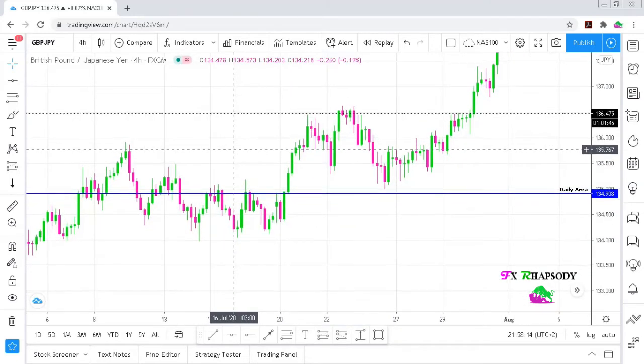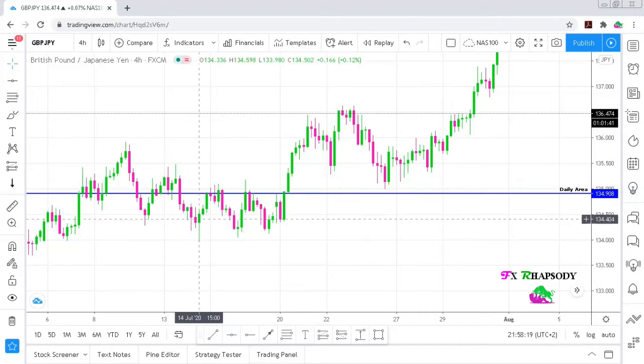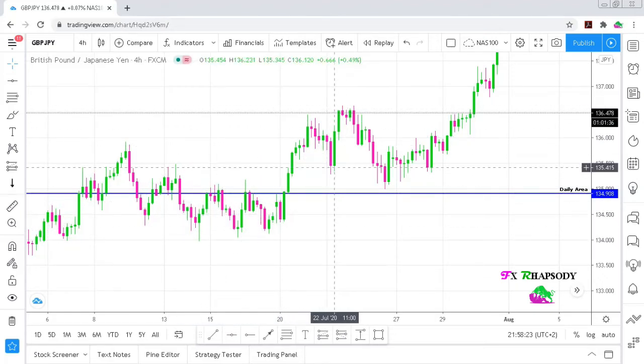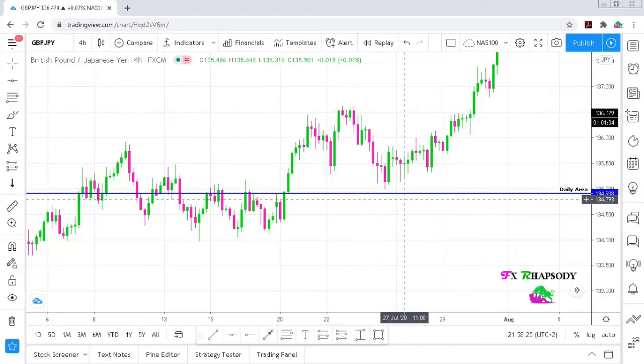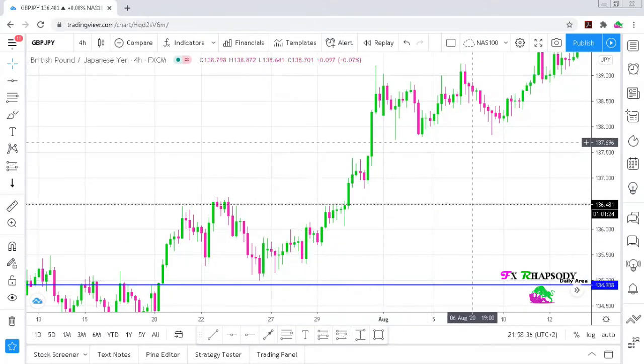So you can see this was almost like a resistance area. Price broke through, came back, retested it, and this is exactly where you place your buy order, or look for a buy once price breaks those areas of interest. And look how price shot up.